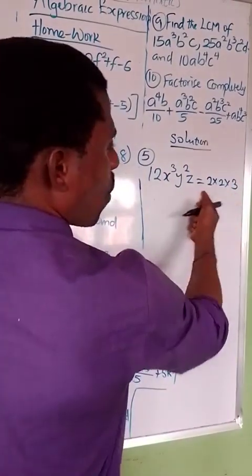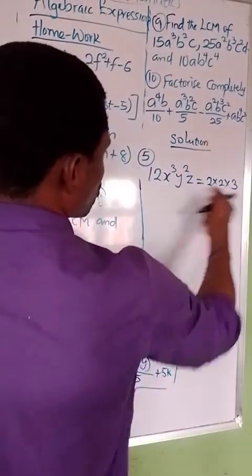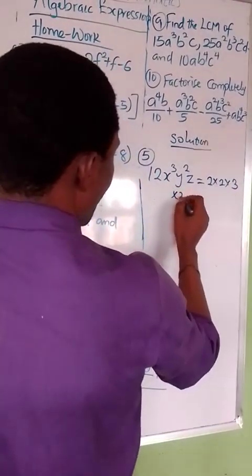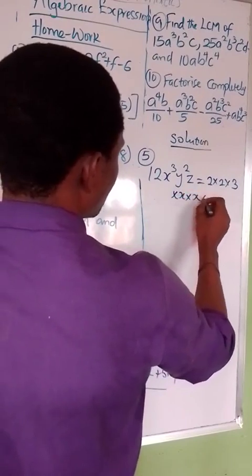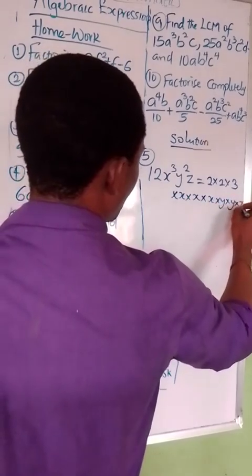Remember, it has to be the lowest multiple. So 2 times 2 is 4, times 2 is 8, times 3 is 12. Then times x times x times x times y times y times z.